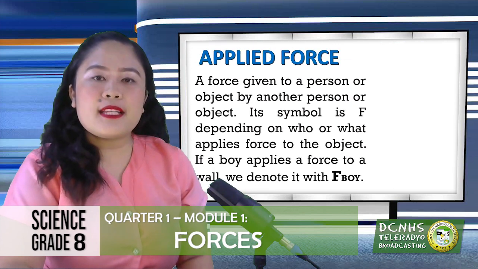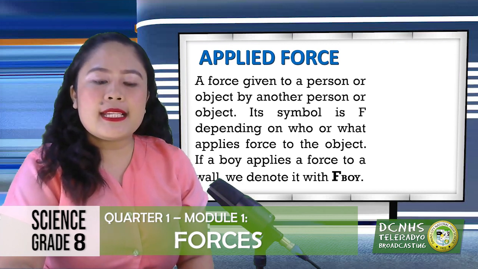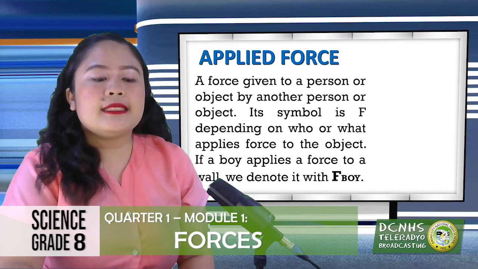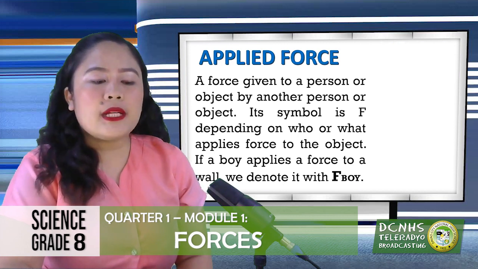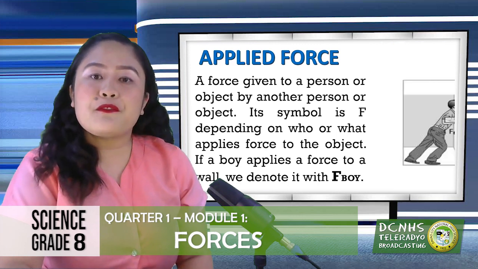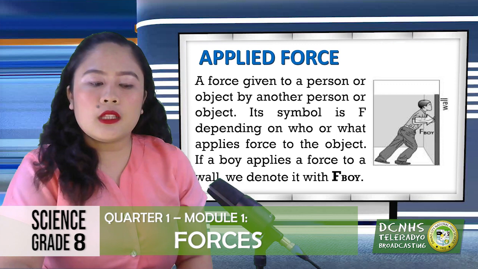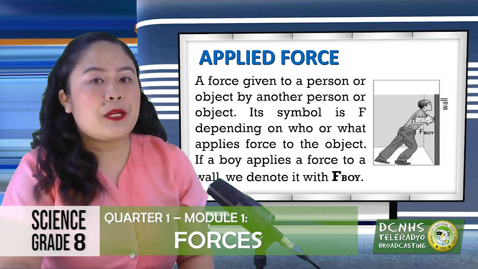A force given to a person or object by another person or object. Its symbol is capital letter F, depending on who or what applies force to the object. Like in this figure, the boy applies the force to a wall, so we denote it with F subscript boy.